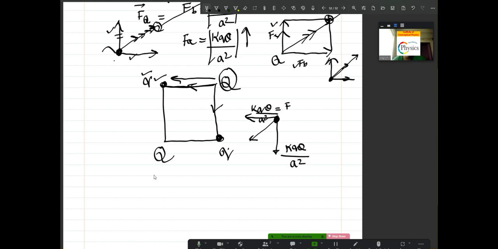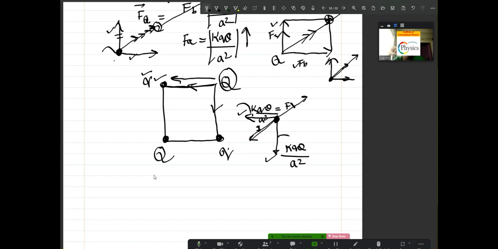Now this charge, however, is identical and it says don't come, I will repel you. So the resultant of this and this, which is this, is cancelling this. These two together want to bring the charge here.